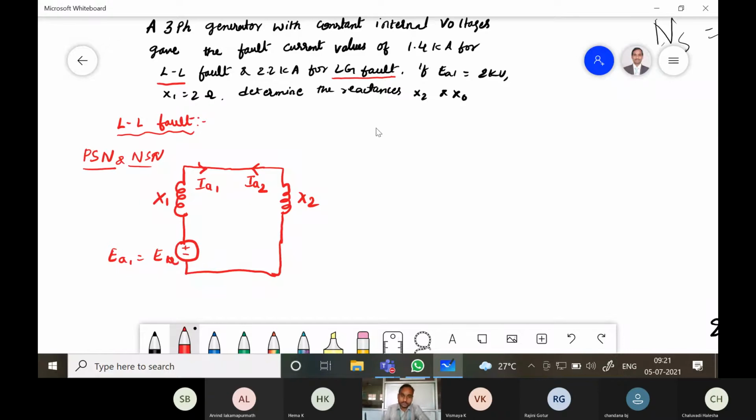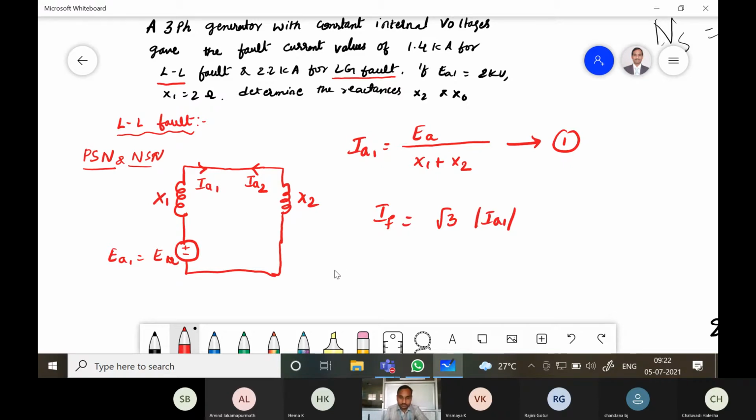So from this diagram, we can write IA1 is equal to EA divided by x1 plus x2. Make it equation number 1. In case of LL fault, we know that the fault current IF is equal to root 3 times IA1, right?